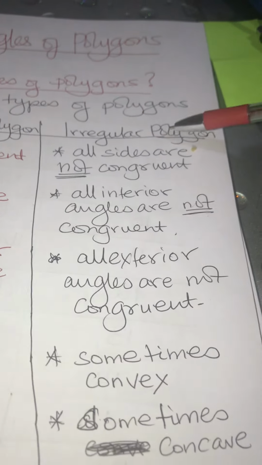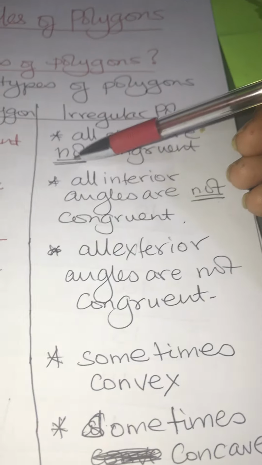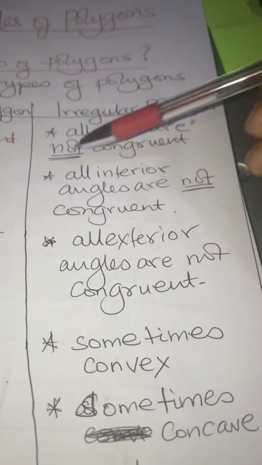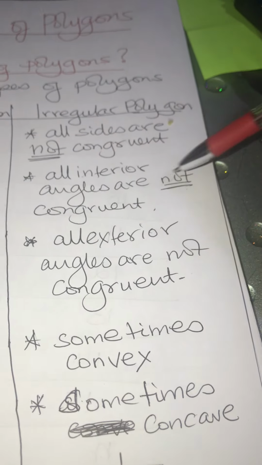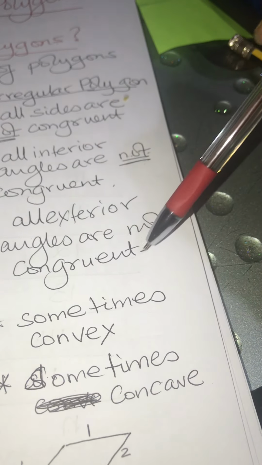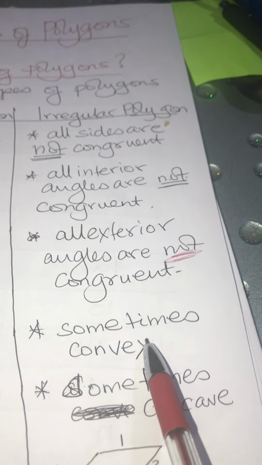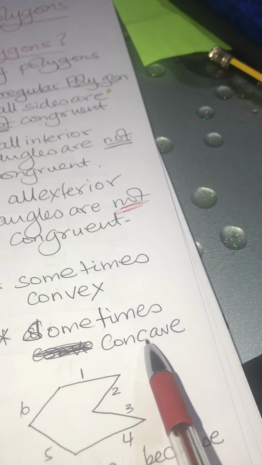Now, irregular polygons. All the sides are not congruent. Keyword there, not. All interior angles are not congruent. All exterior angles are not congruent. Sometimes convex or sometimes concave.